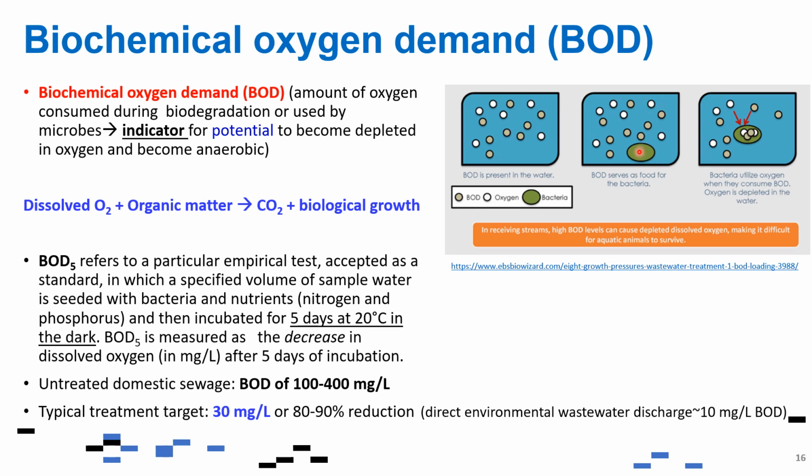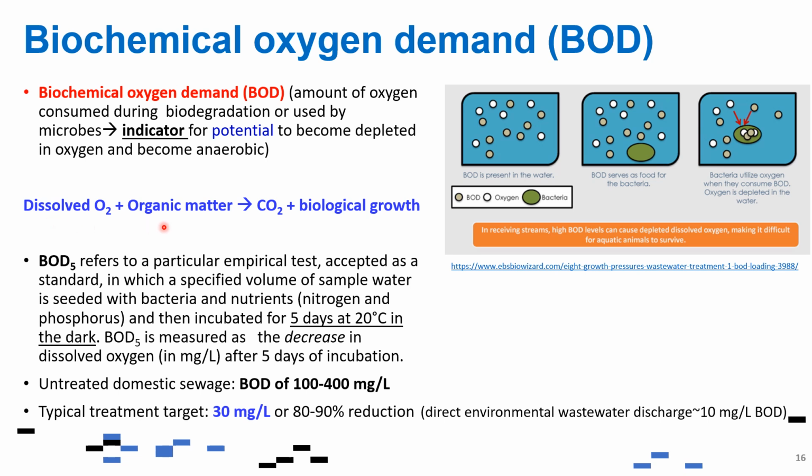So if the rate of DO consumption by this bacteria in the receiving water exceeds the supply of the DO from, for example, the plants or photosynthesis or the diffused DO from the environment, then the situation will become unfavorable for the aquatic animals because of more consumption and less supply.